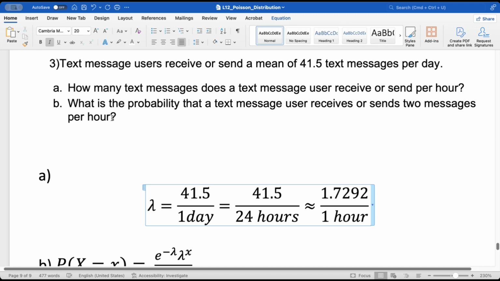I should change the wording here slightly. I think it's a little bit clearer to word the question as, what's the probability that a text message user receives or sends 2 messages in the next hour?